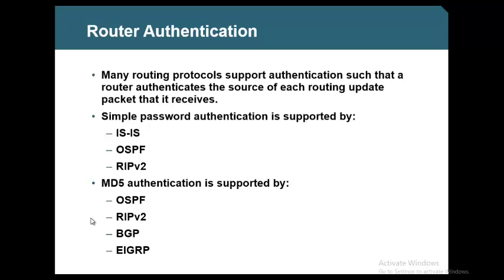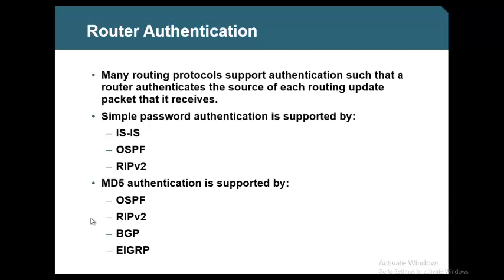So when you enable authentication, what happens is EIGRP sends hello packets, update packets, every packet with authentication in it. But that password is not going to be plain text. It is going to be encrypted and hashed.